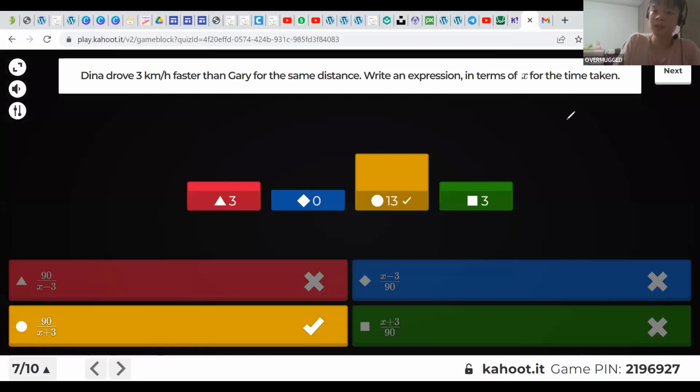Same thing, distance over speed, 3 km faster, so plus 3.